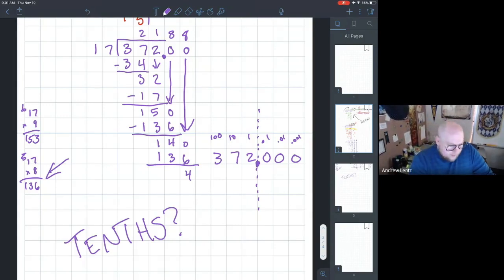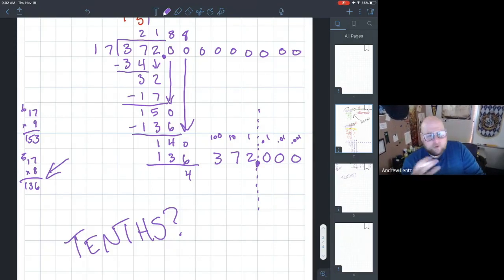The point that I'm trying to make is I can add as many zeros as I want here and keep dividing out. You can put as many as you want. Now, what's going to happen is you're going to find a lot of the time it's going to tell you to round to the nearest 10th or round to the nearest 100th.